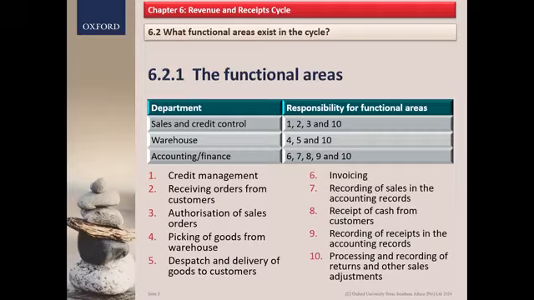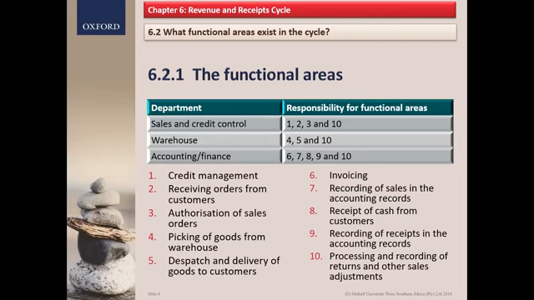Picking off goods from warehouse, another area. Who's going to be picking up those particular goods from the warehouse? So the main activity there, as the name suggests, will be picking off goods from the warehouse.